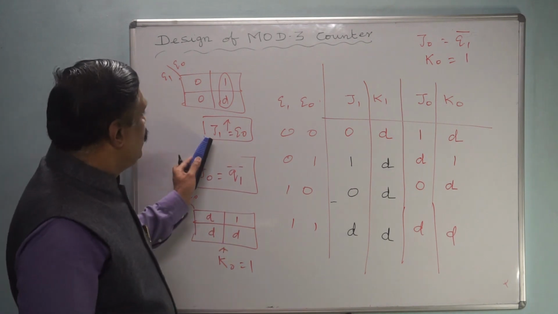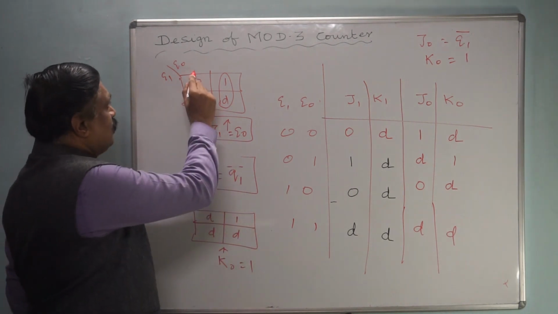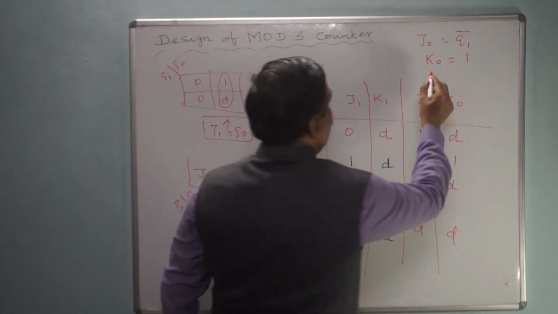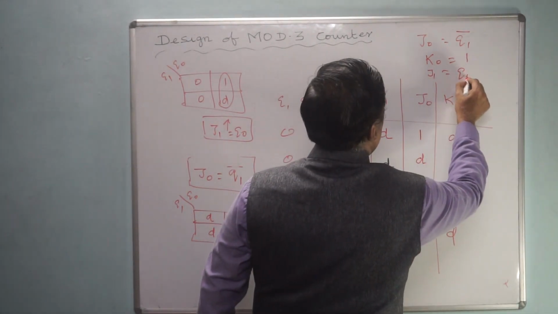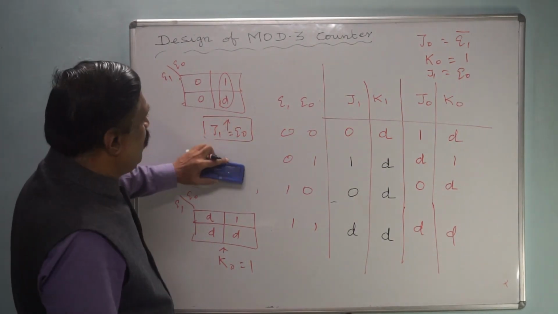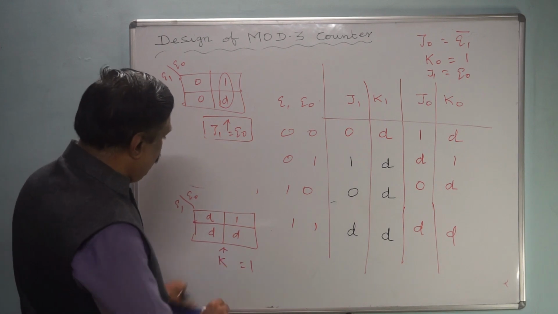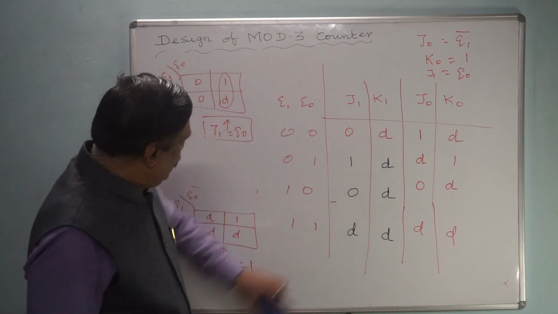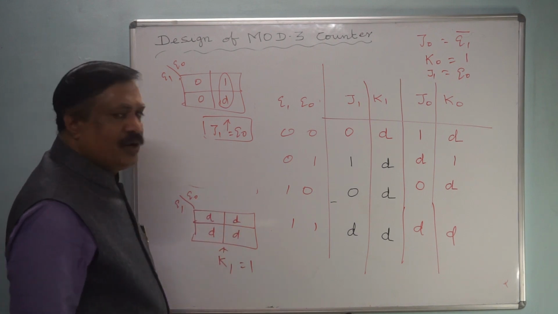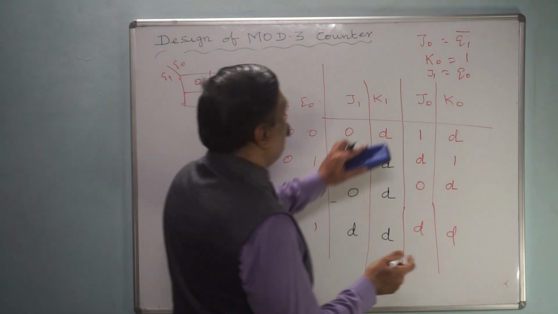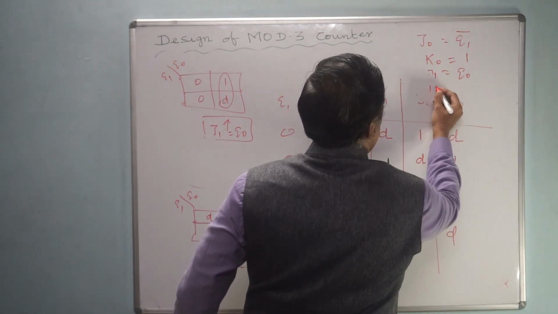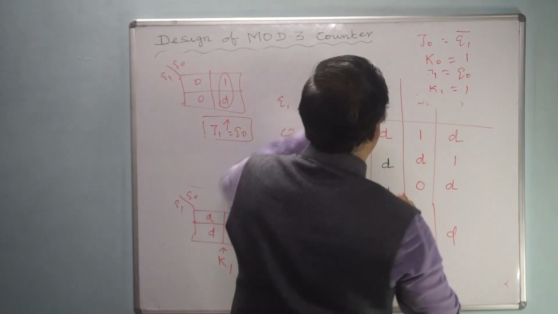J1 equal to Q0 because this is Q0 complement, this is Q0. Therefore your J1 equal to Q0 and your K1 is all D, therefore K1 equal to 1.